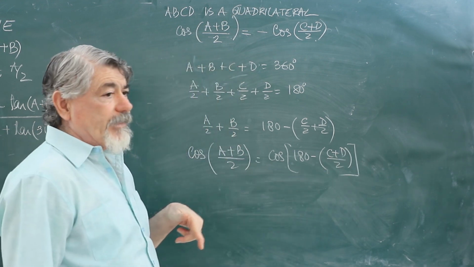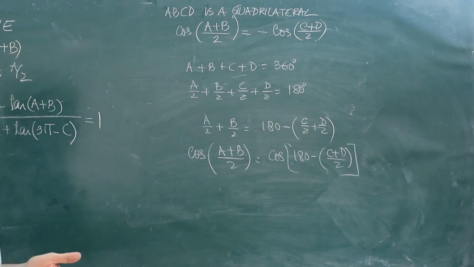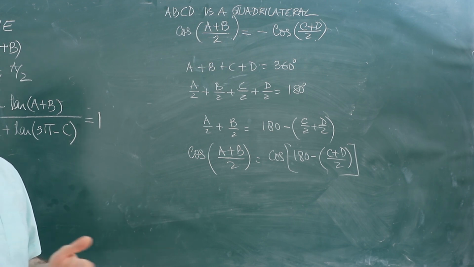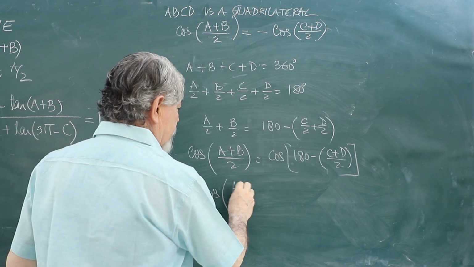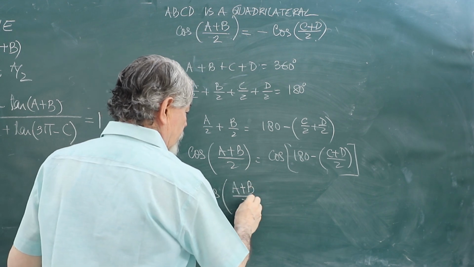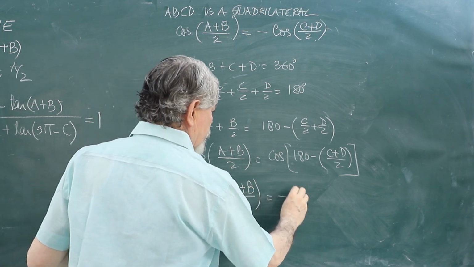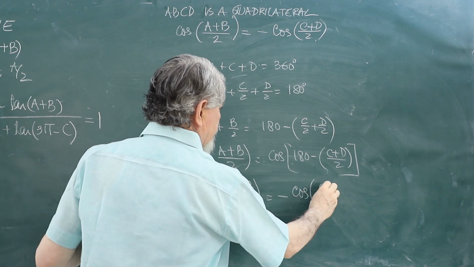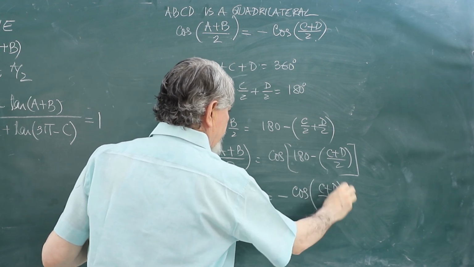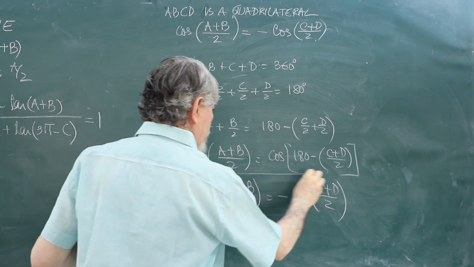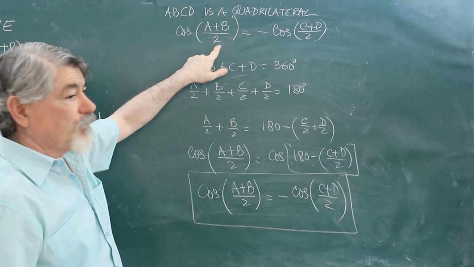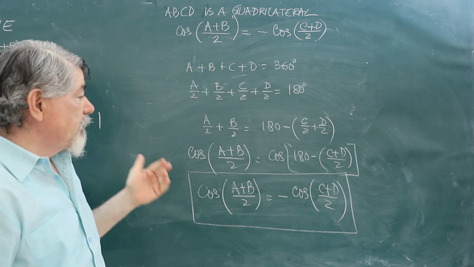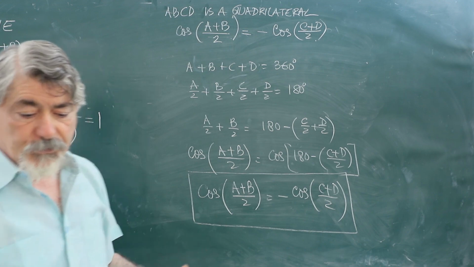So cos(180 minus theta), again it is going to be in the second quadrant, and in the second quadrant only sine and cosec are positive, the rest are negative. So cos((A plus B) upon 2) will be equal to minus cos((C plus D) upon 2). That is what we wanted to prove, that cos((A plus B) upon 2) is equal to minus cos((C plus D) upon 2). Okay.